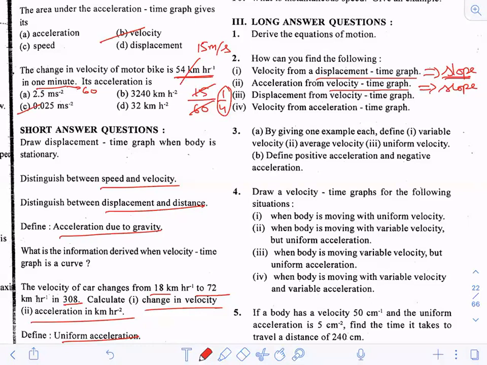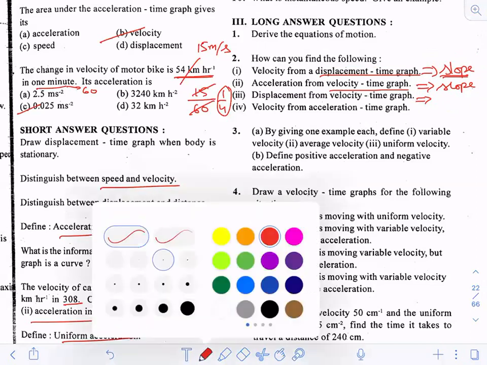How can you determine the displacement from a velocity time curve? Area under the curve. Correct.